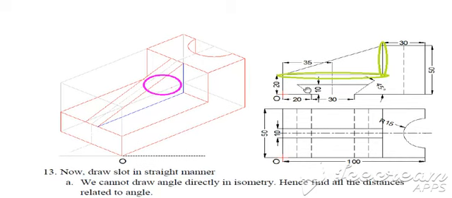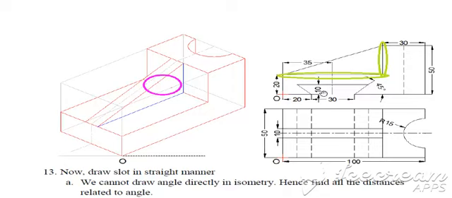In this slot, the base distance is given, that is 30 mm. The top distance is not given. Instead, the inclination angle is given as 45 degrees. In isometric view, the angles will not be the same, so you can't draw this 45 degrees directly over here.